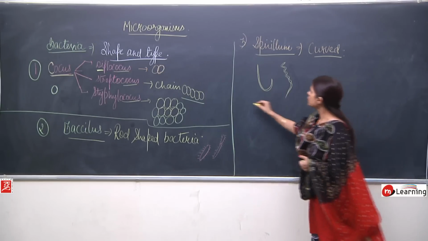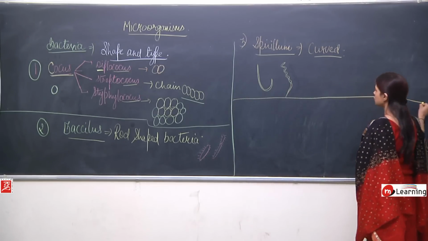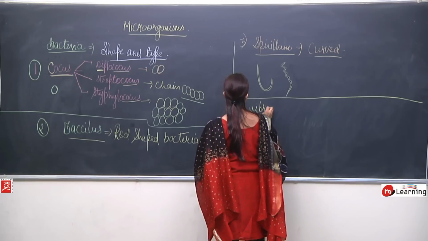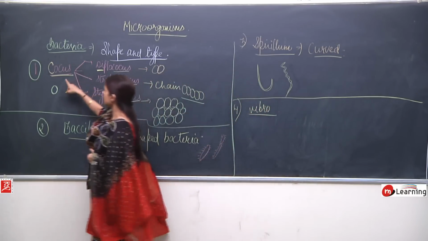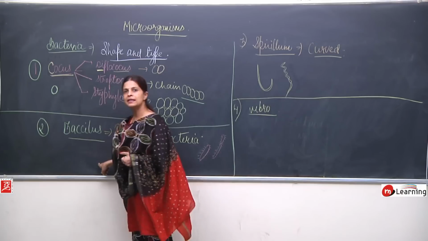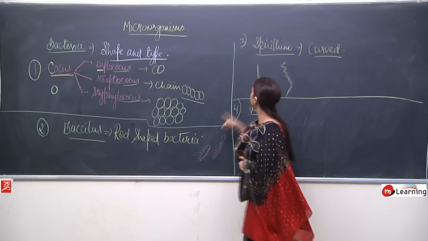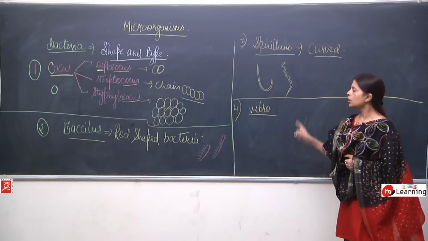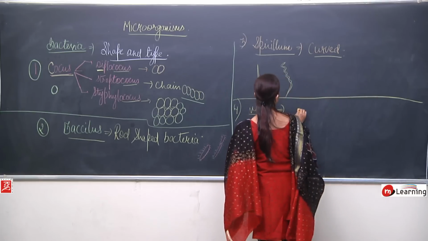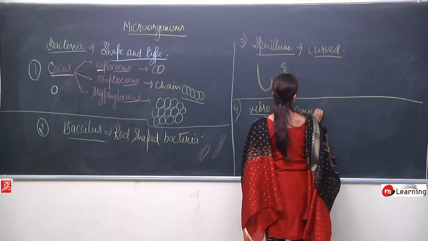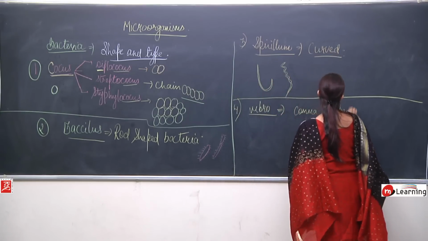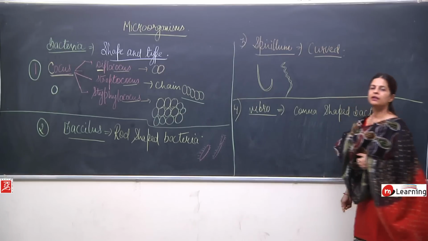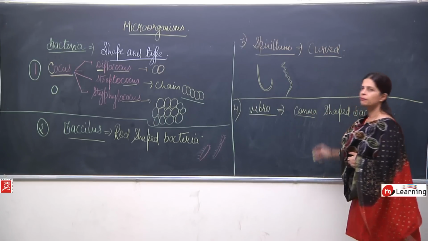Now, we will talk about the fourth shape, that is vibrio. Now, coccus is spherical shape, bacillus is rod shaped bacteria, spirillum is somewhat curved bacteria, vibrio is comma shaped bacteria.